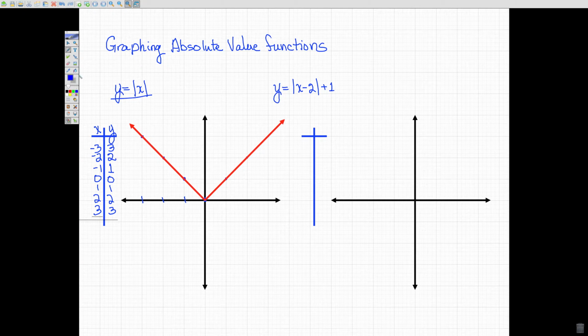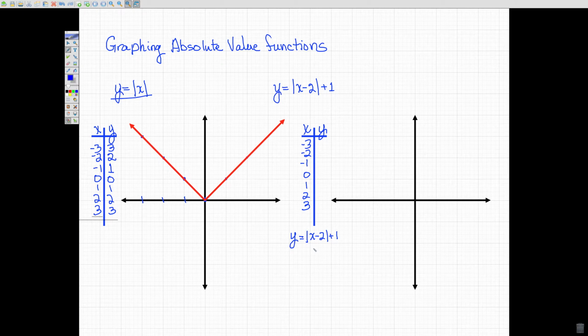Now let's do another graph, y equals the absolute value of x minus 2, plus 1. Once again, we'll start with some x values, figure out what the y values are, graph points, and then see what the graph looks like. And we'll do some of these computations out. So we'll start with negative 3, using the function y equals the absolute value of x minus 2 plus 1.